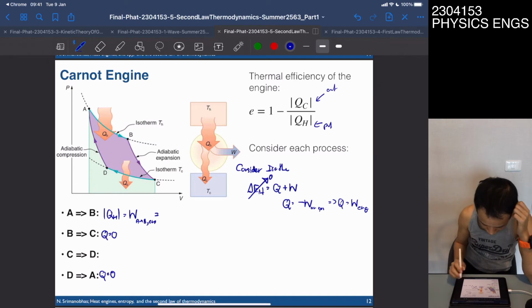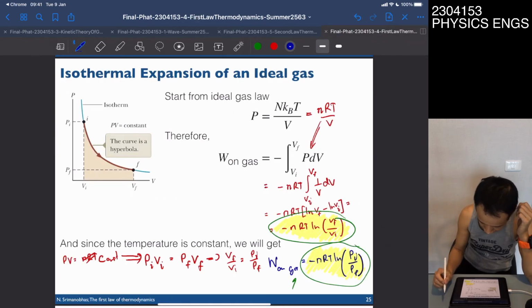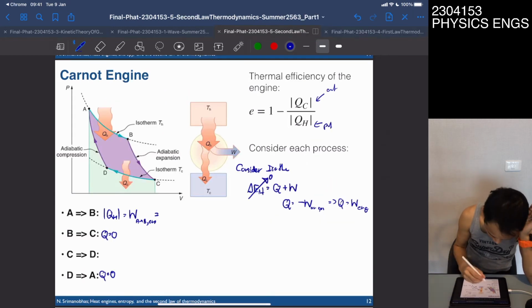So what it does is nRT natural log of Vf divided by Vi, which is nRT natural log of VB over VA.